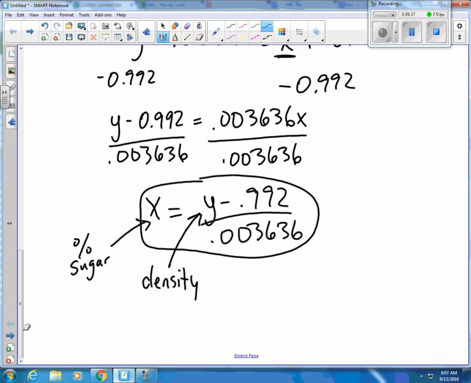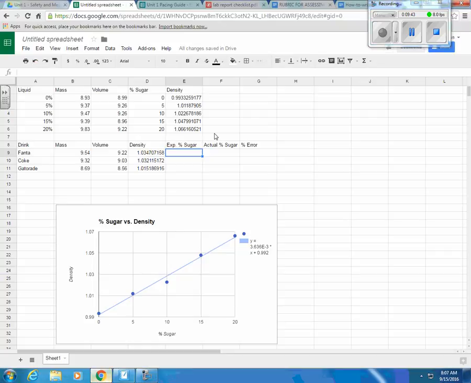Let's go back to our spreadsheet. So equals, and we said it's the density. Sorry, we've got to put some parentheses there.